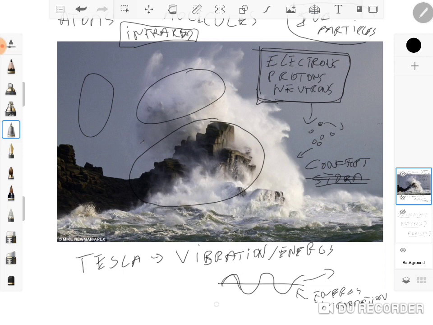So in the end, if you really dig deeper and deeper, and you deconstruct all of these electrons, protons, neutrons, what you'll find is that all that's left is vibration and energy. So pure information, pure energy.